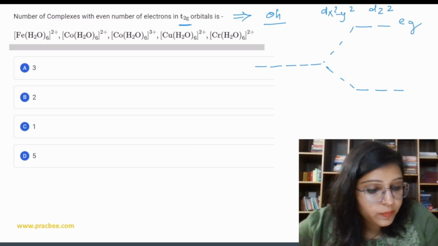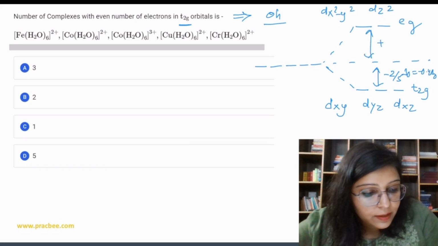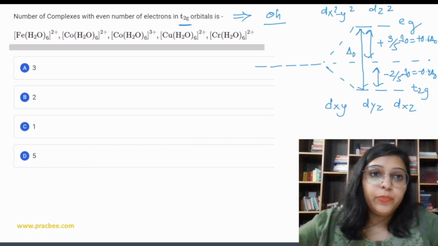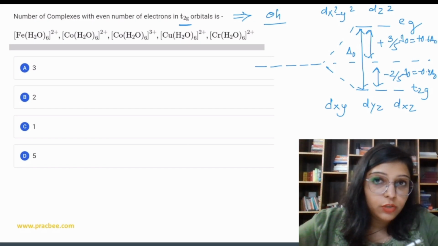In t2g we have dxy, dyz and dxz. Here we write minus 2 by 5 delta naught, which is minus 0.4 delta naught, and here plus 3 by 5 delta naught, or plus 0.6 delta naught, and this difference is called octahedral splitting. So we have to fill the electrons in terms of t2g and eg.